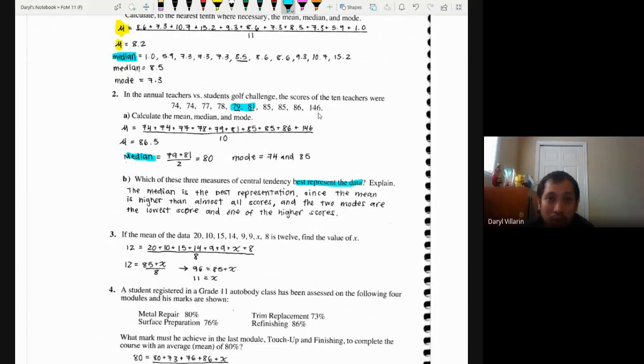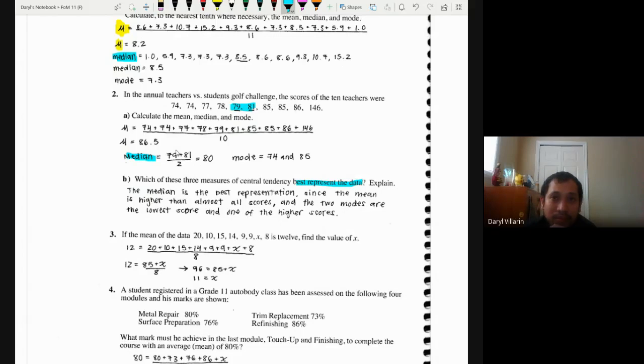And the modes, if you can see, one is the lowest score and one is the higher scores. So the median, which is 80, best represents that particular set of data.